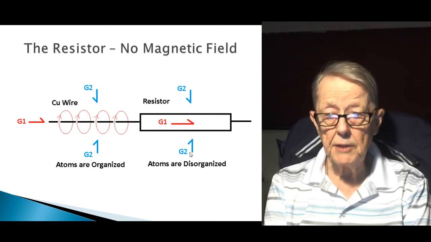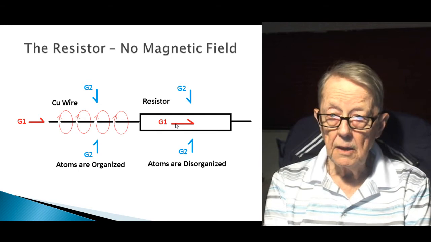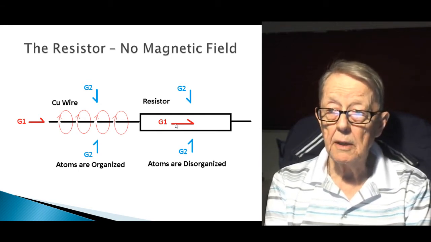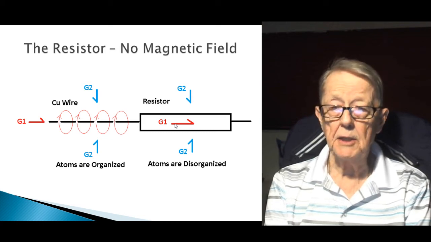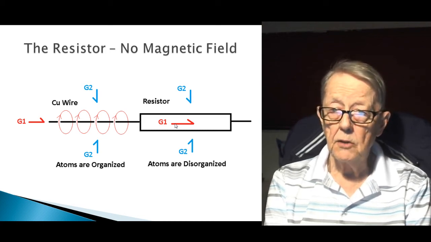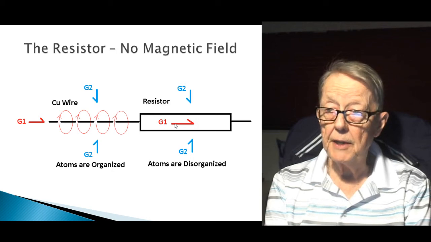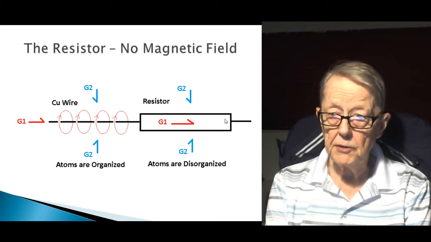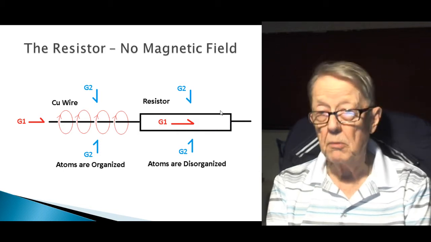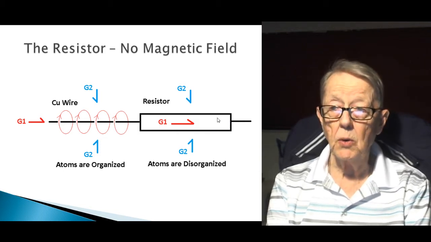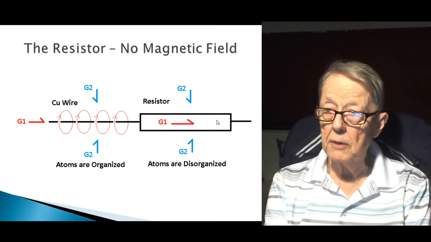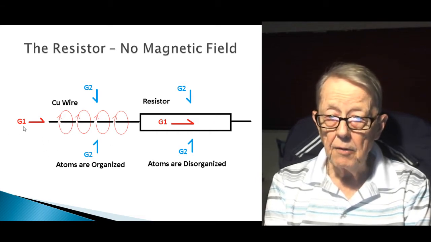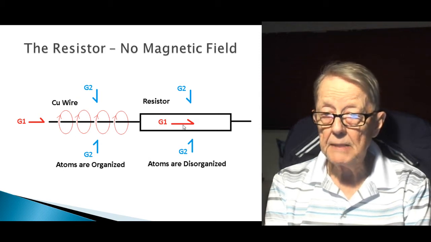But with a resistor, the resistor in fact is deliberately built not to be organized. It's deliberately built to lose G1, so that as the G1 flows through the resistor, the higher the resistor, the more of these G1s get kicked out. They're built that way, which totally disrupts the possibility of getting this effect.